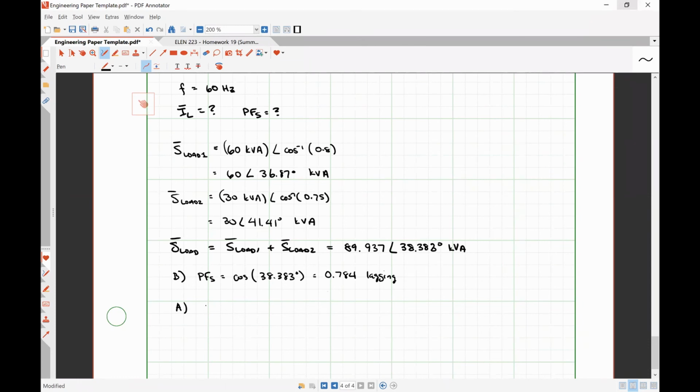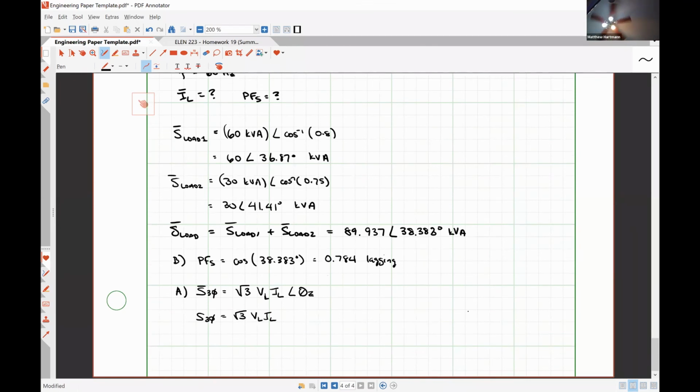But we know that S three-phase is root 3 VL IL angle theta Z. So that means that the apparent power, which we know, we also know the angle too, but that's just going to complicate the math, is simply square root of 3 times VL times IL.